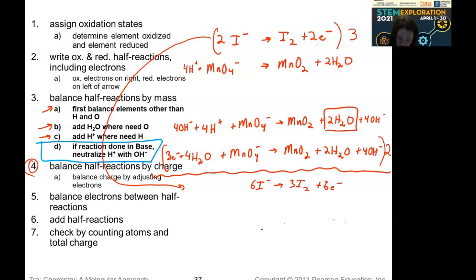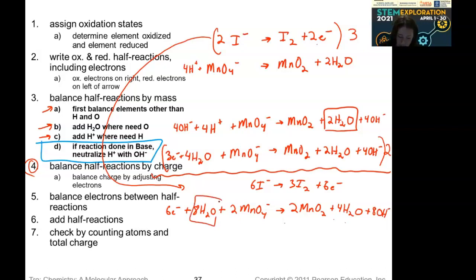And then our next one's going to be 6 electrons plus 2 times 4, right? 8 waters plus 2 MnO4 minuses goes to 2 MnO2s plus 4 waters plus 8 OH minuses.